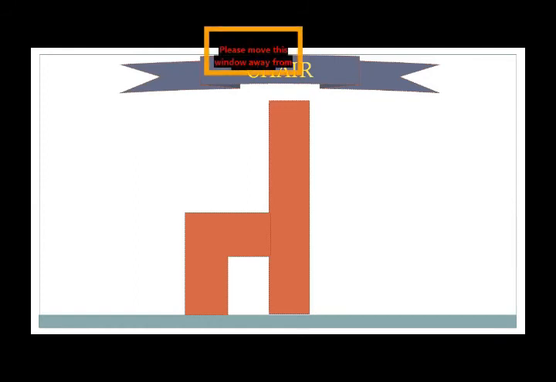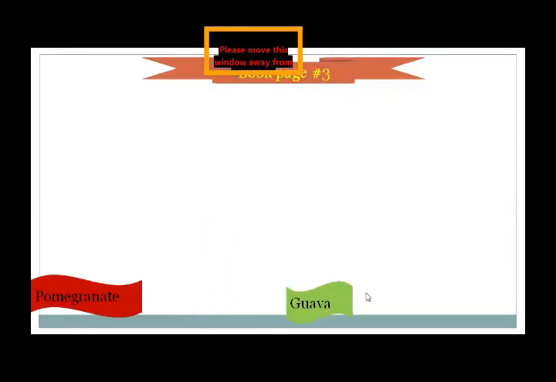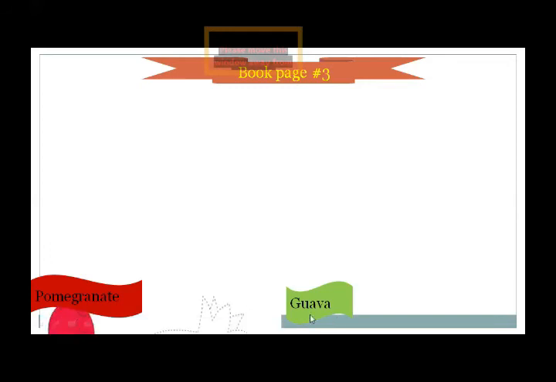I will share with you in your home task what you will draw today. But before this, this is your book page number 3 picture. If you have your book, you can open your book page number 3 right now. In your book page number 3, you can see the picture of pomegranate and the guava.